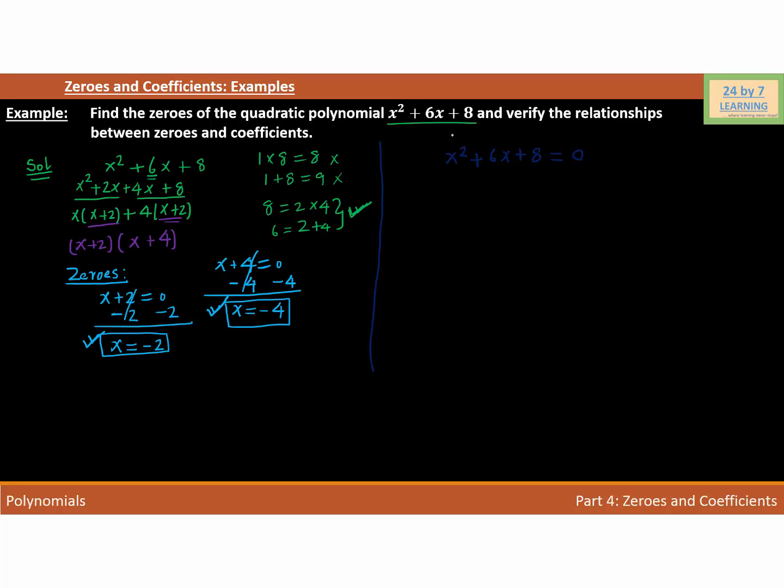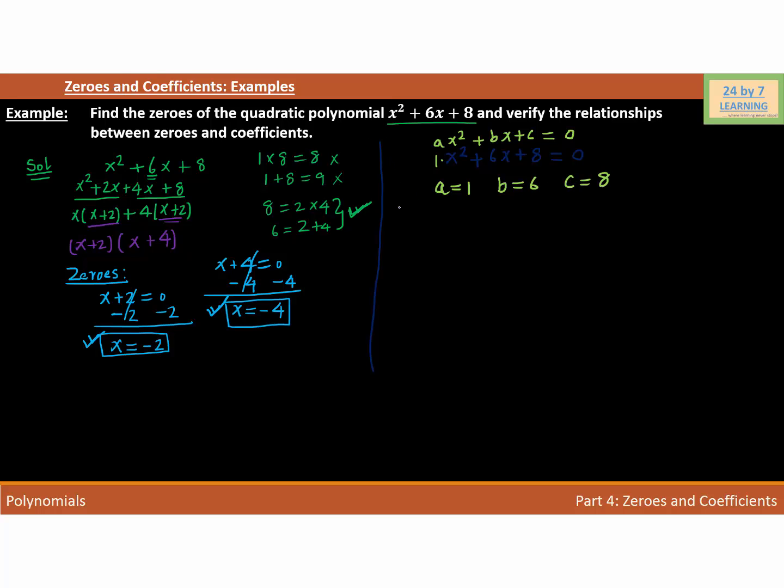I'm going to consider the general equation of the quadratic polynomial, ax squared plus bx plus c equal to 0. Now I'm going to compare these two equations. As you can see, x squared doesn't have anything next to it, which simply means I have 1. So a is equal to 1, b is equal to 6, and c is equal to 8.